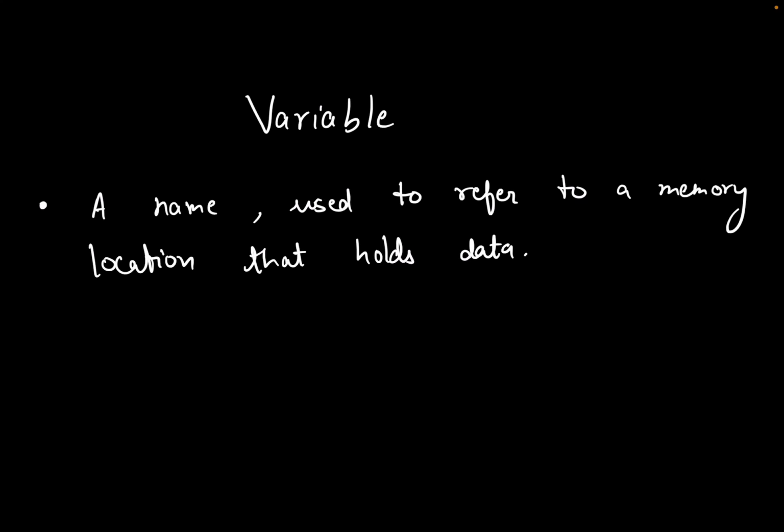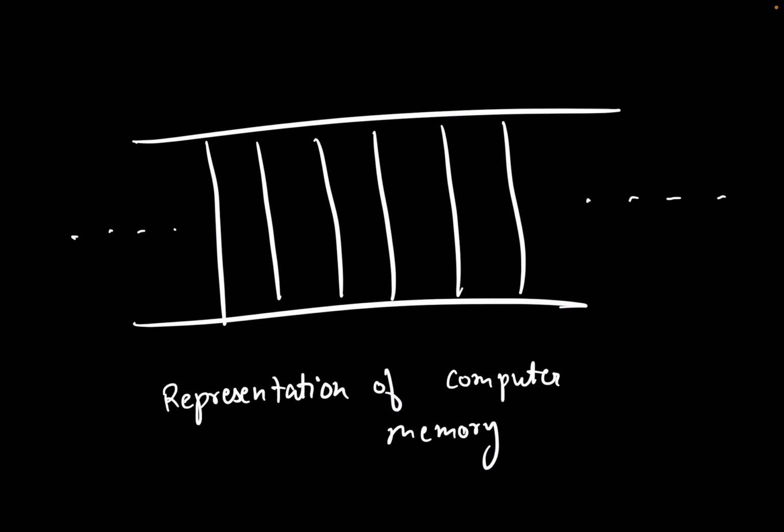So let's see how this is in detail. Here we have some abstract representation of the computer memory. Each of the smaller boxes here is one memory location in which you can store, say, one item of data. So let's say I have some data, right?